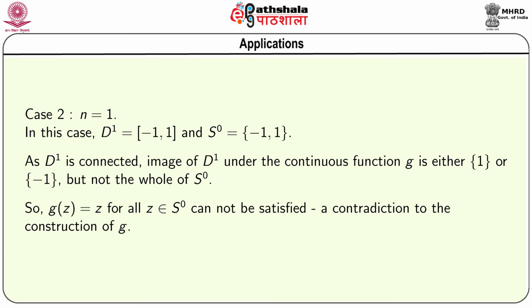So, g(z) equal to z for every z belonging to S0 cannot be satisfied, as this contradiction is arrived. We get that the result is true for the case n equal to 1.